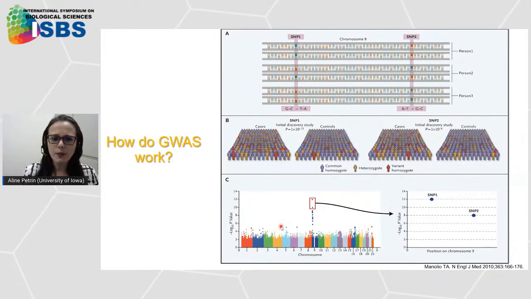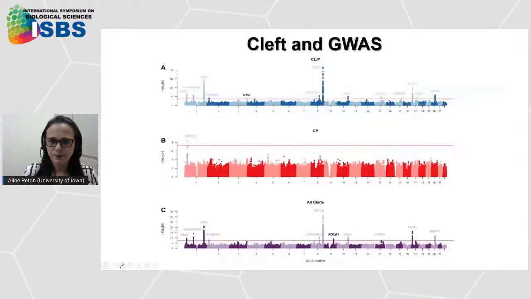And when we plot all the millions of SNPs together, we come up with a Manhattan plot, which will show us exactly the ones that are more frequent in cases than in controls, and it will generate a genome-wide significant p-value. And that's how we end up identifying common variants, which means it's present in many people, but it's more frequent in people who have the phenotype that we are studying.